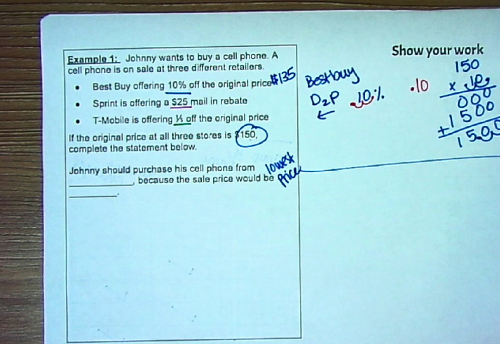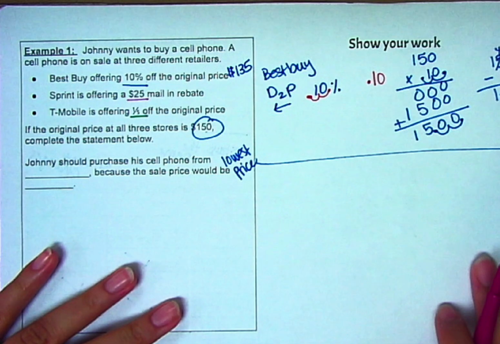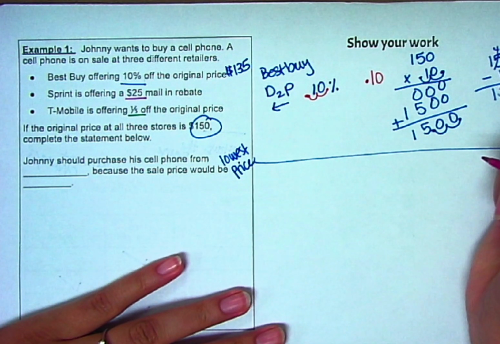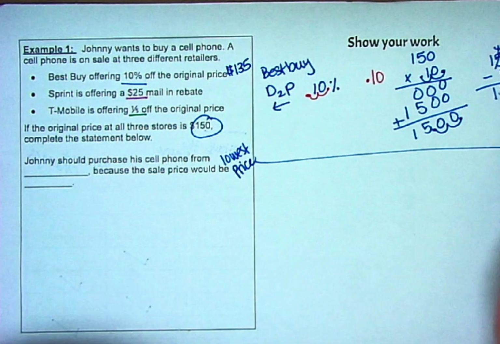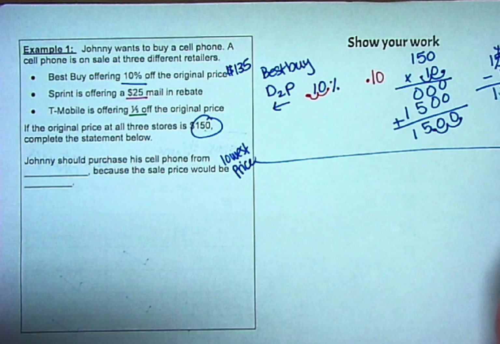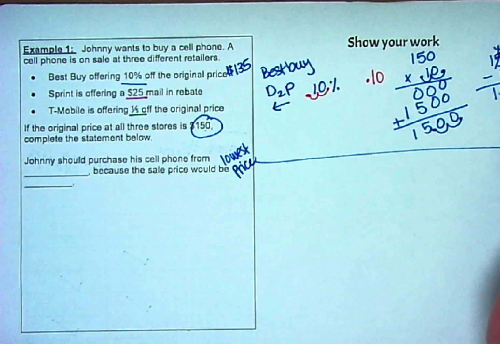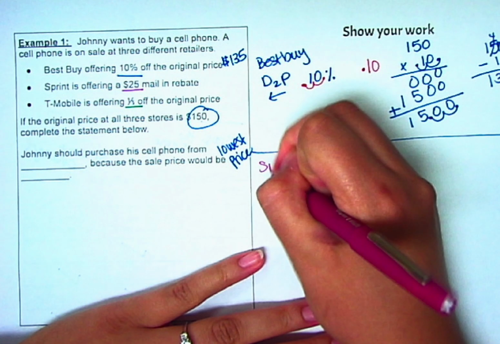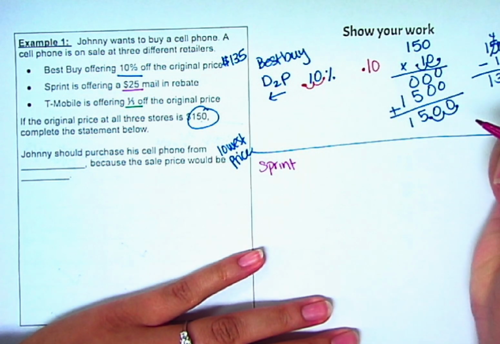The next one is Sprint is offering a $25 mail-in rebate. So a mail-in rebate is just you would pay full price, and then later you would mail into that company and they would give you $25 back. So this one isn't too hard. Go ahead and write Sprint. That's the one we're working on now.